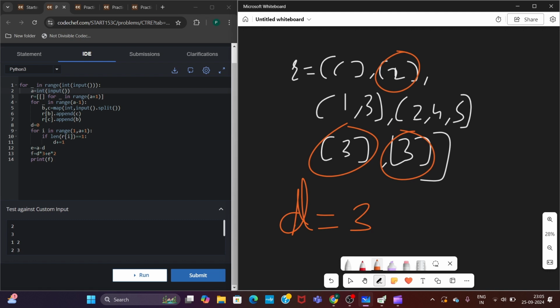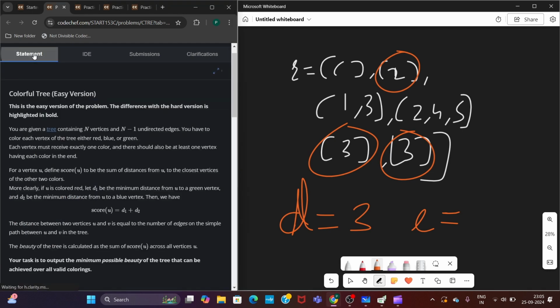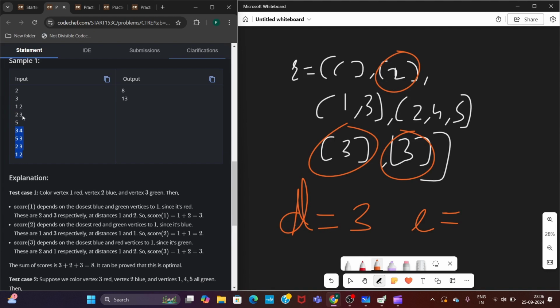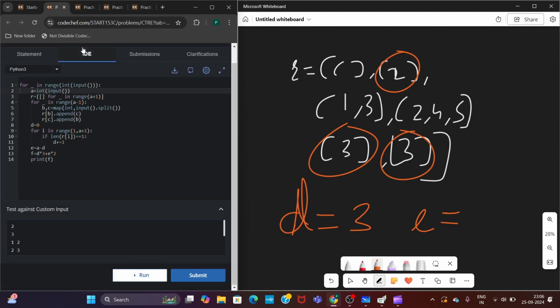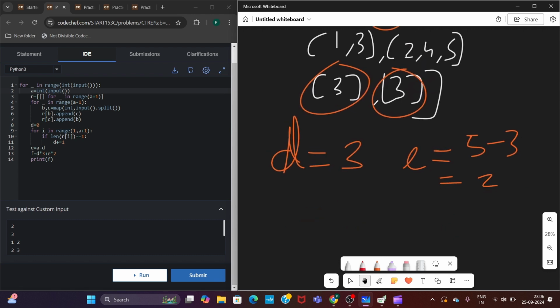And our e will be a minus d. A is basically over here 5. So 5 minus 3 is equal to 2 over here.